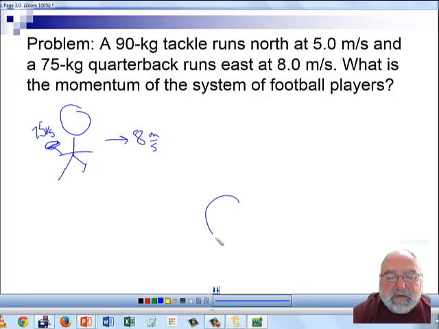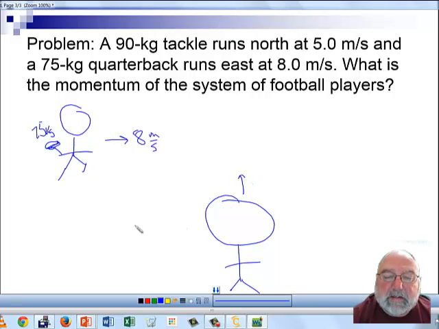And an even bigger football player running to catch up and tackle him: a 90-kilogram football player traveling north at 5 meters per second.